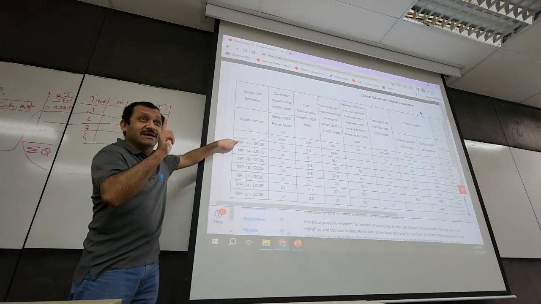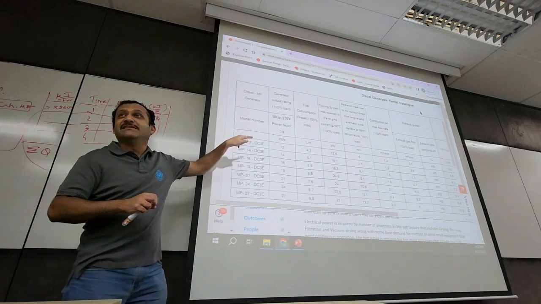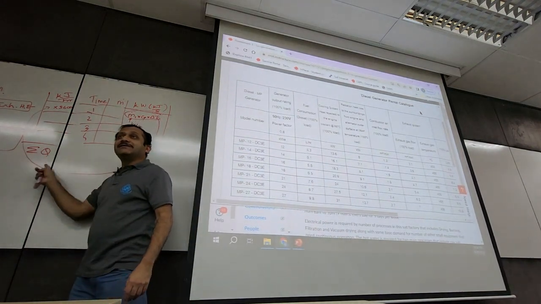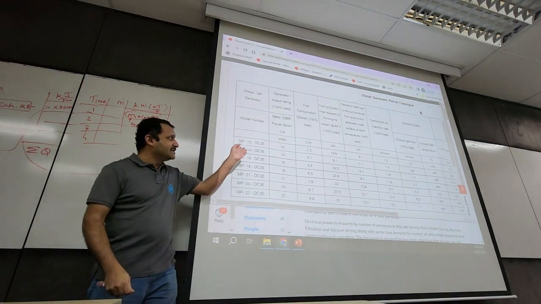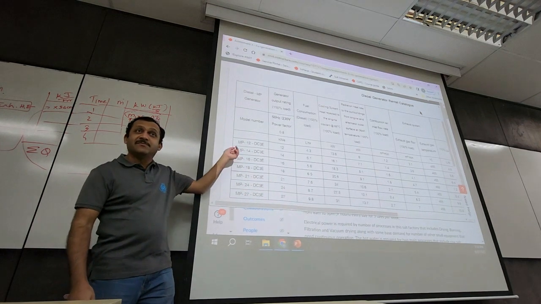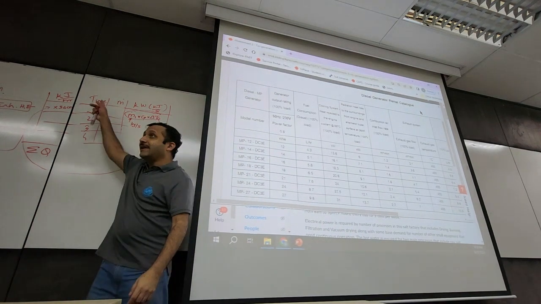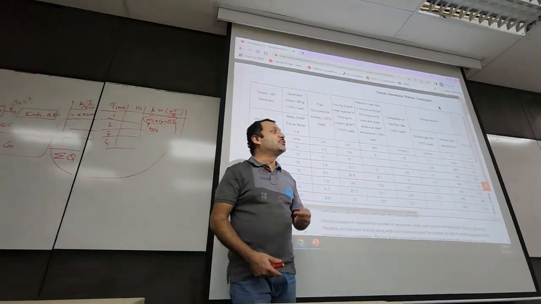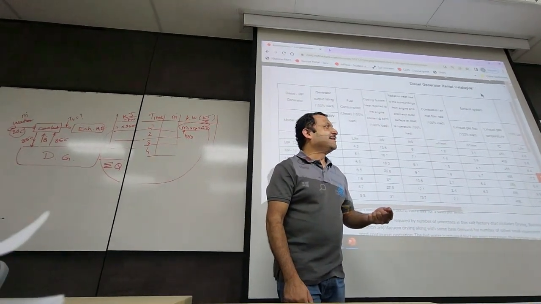The next step will be doing that sum and comparing it. If you are operating that diesel generator, let's say MP12, MP14, or any one of them, for the whole day, will it be able to generate enough thermal energy? We need to cross check that. Make sense?